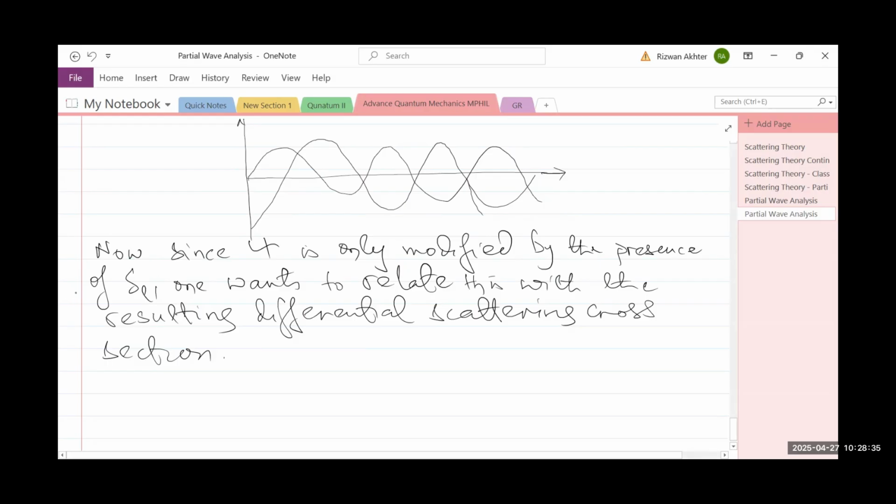So we can say, this can be done by in fact writing all the waves, or rather partial waves.